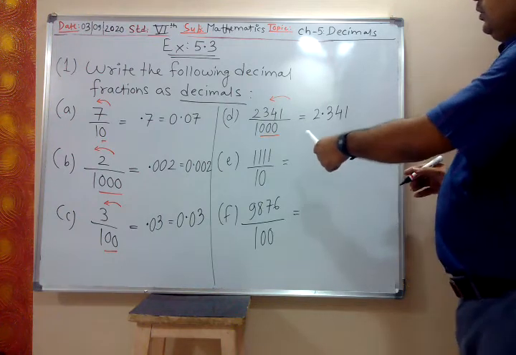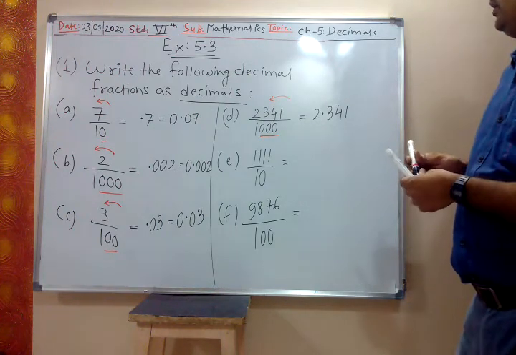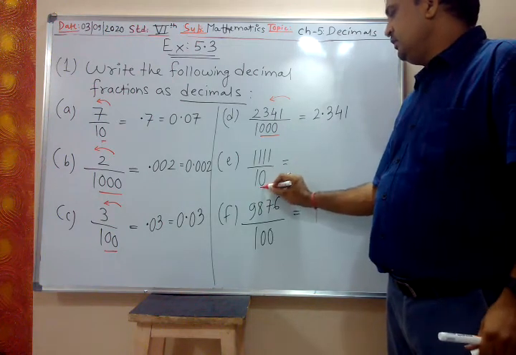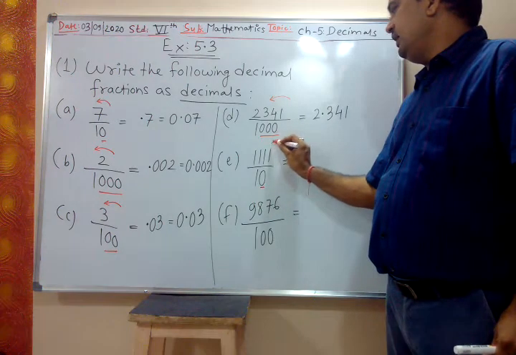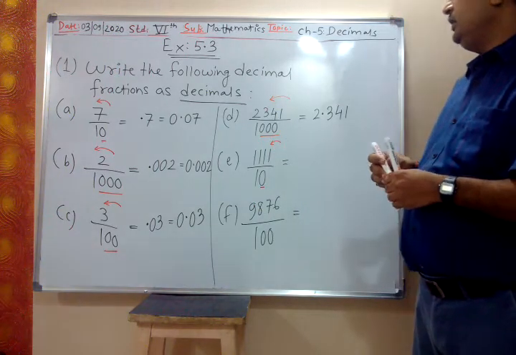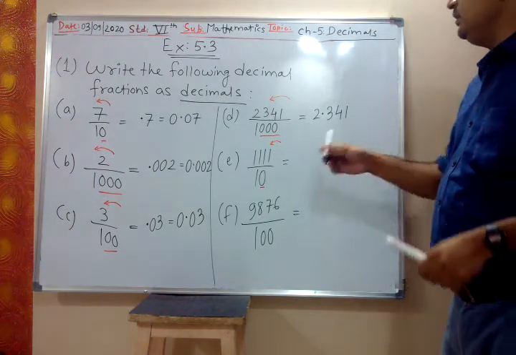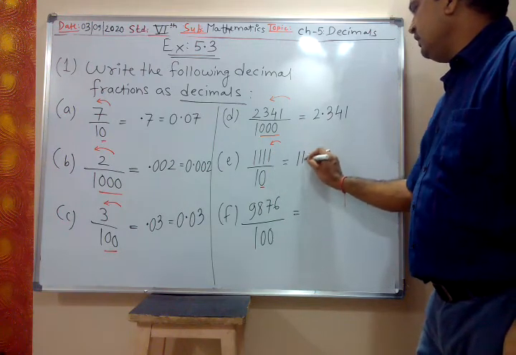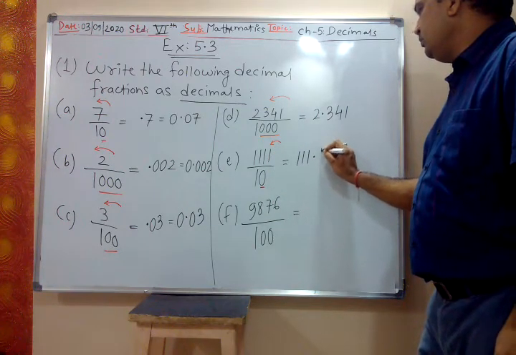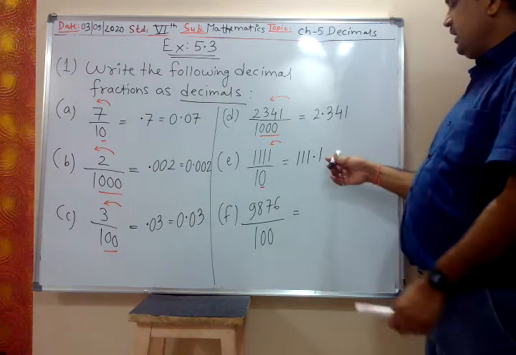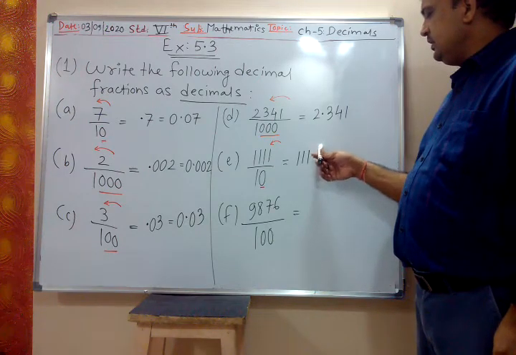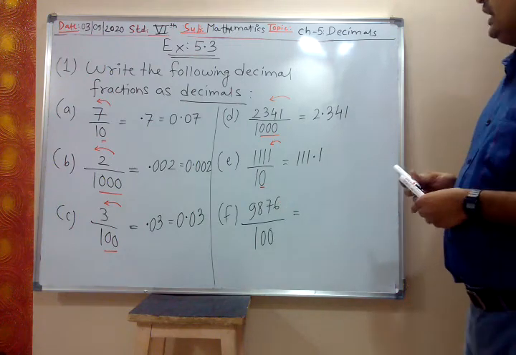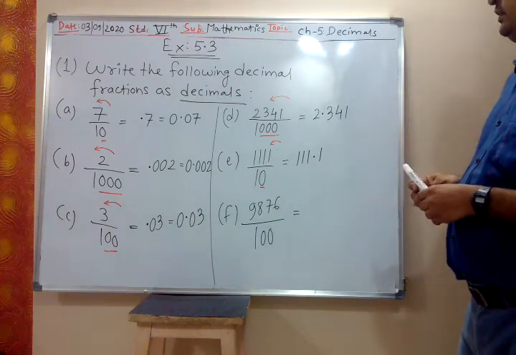Next, 1111 upon 10. How many zeros are there? 1 zero. So now I will move from the right and put the decimal after 1 digit, because there is 1 zero. So it is 111.1. Then 9876 upon 100.